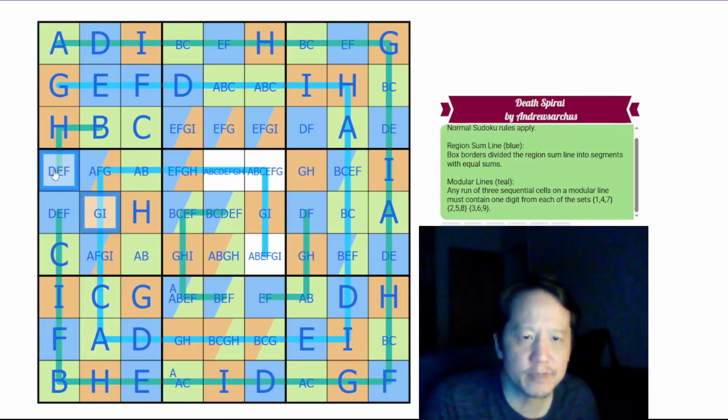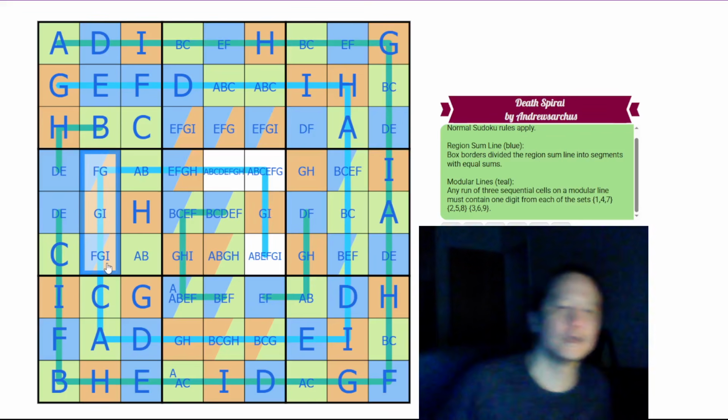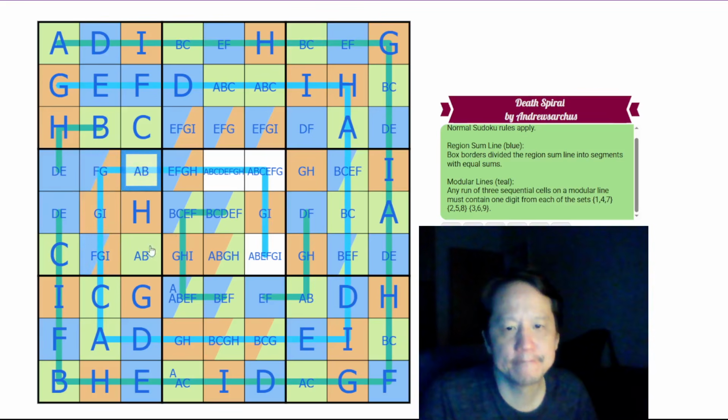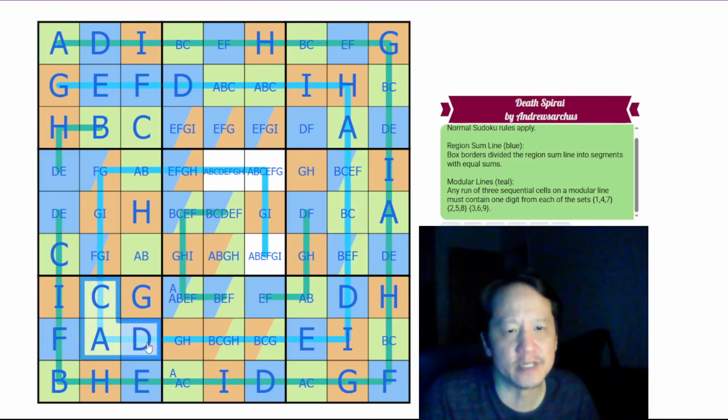That's F, which means this can't be F. So we have F, G, and I here with A and B. We could have a wide variety of things here. The problem is this is the least restrictive, so I'm assuming that this actually probably is the correct path.